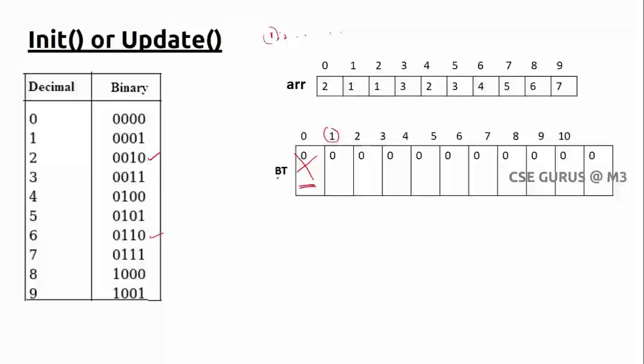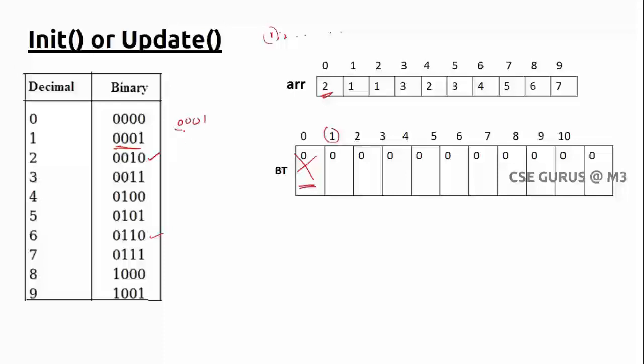Initially all the values of the BT array are zeros. Now how will the approach be? First I'll take the first element. What is the binary value of the first one? It is 0 0 0 1.